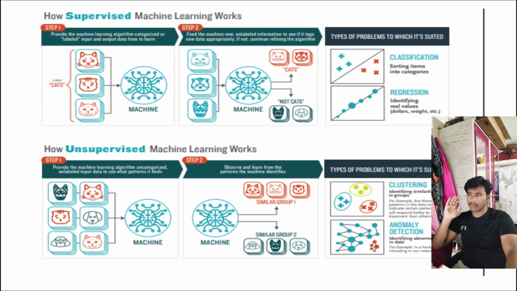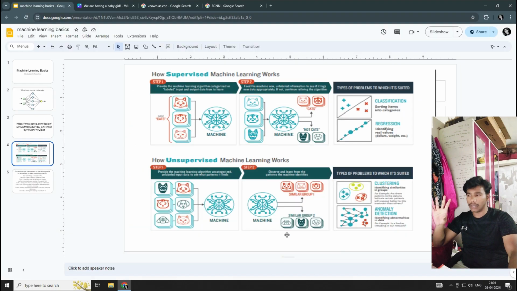And what is unsupervised learning? Unsupervised learning is where the data is given to the machine, and the machine just creates small groups which have similarities within them, and they just divide it. We can say if there are six values: dog, cat, dog, cat, dog, cat, like that.